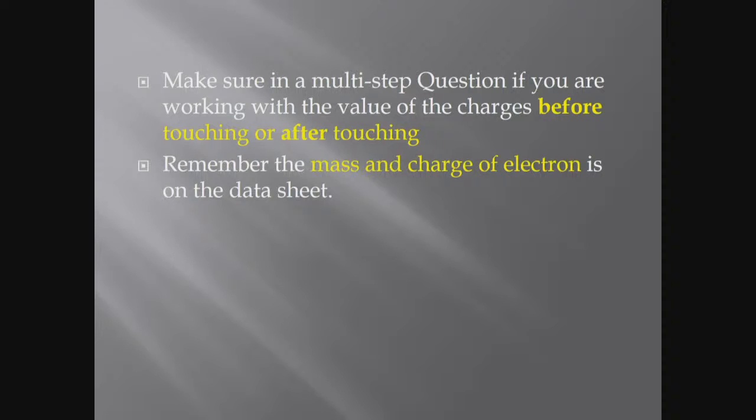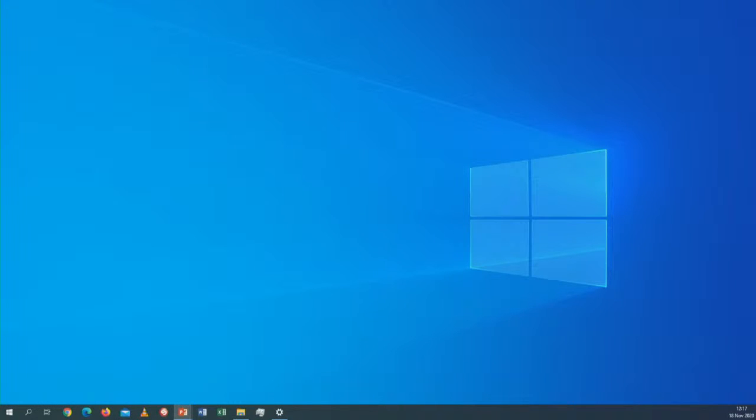And remember, when necessary, if the question is about a point charge that is an electron or a certain number of electrons on that point charge, remember that the mass and the charge is on your data sheet. The charge of an electron is 1,6 times 10 to the power minus 19. So remember, it's on your data sheet. They don't have to supply that information to you.